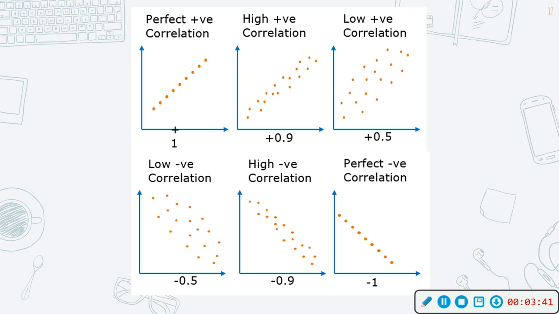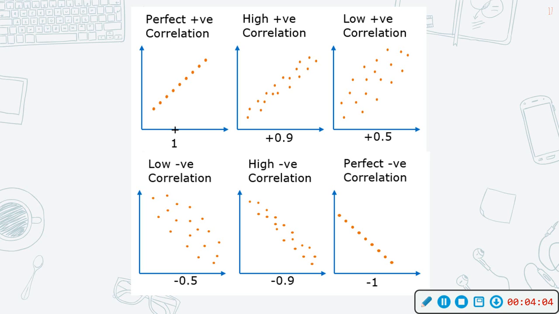You can still tell that they're going upwards. However, they're really spread apart. So this wouldn't be a very strong correlation. It would be weak. We can see the same exact thing for these bottom graphs right here. If you compare negative 0.5 to the positive 0.5, you can see that the dots are equally spread apart, meaning that they are in equal strength, right?